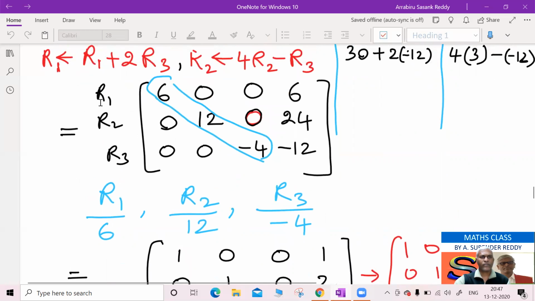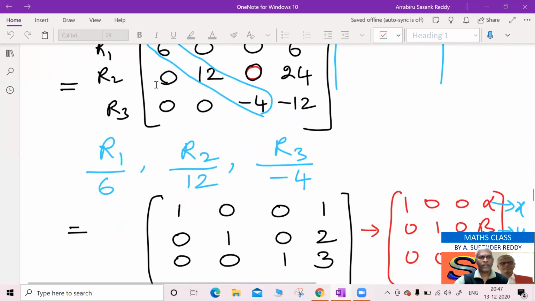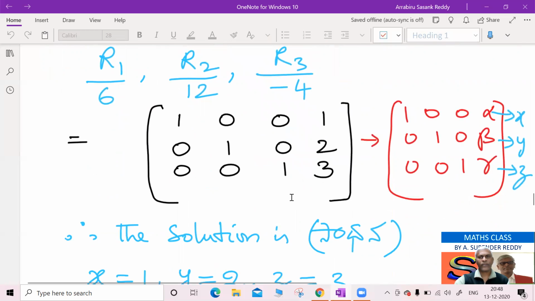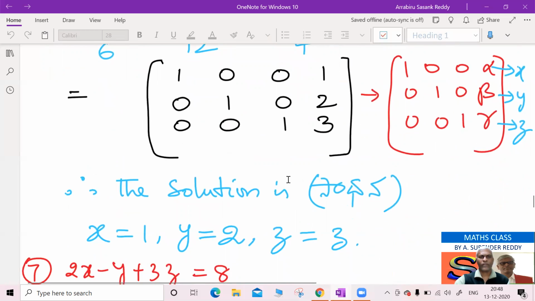So entire row 1 dividing with 6, you get 1, 0, 0, 1. And entire second row dividing with 12, you get 0, 1, 0, 2. And entire third row dividing with minus 4, you get 0, 0, 1, 3. So this is the final form of the augmented matrix, which is in the form of 1, 0, 0, alpha; 0, 1, 0, beta; 0, 0, 1, gamma.